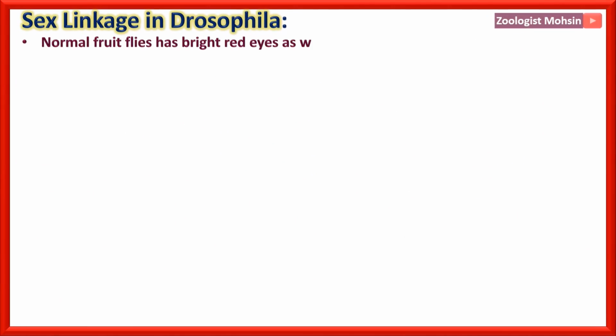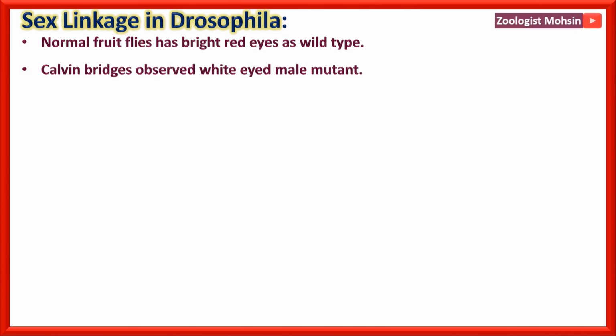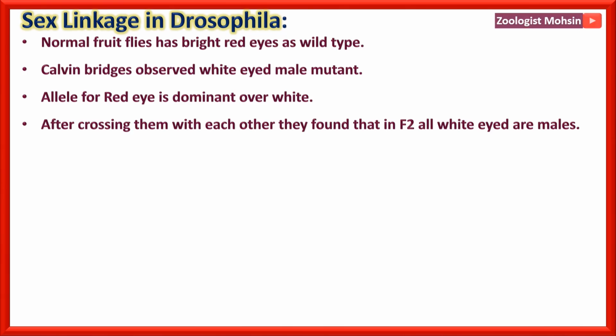Normal fruit flies have bright red eyes as wild type, and Calvin Bridges observed a white-eyed male mutant for the first time. Allele for red eye is dominant over white. After crossing them with each other, they found that in F2 all white-eyed are males.